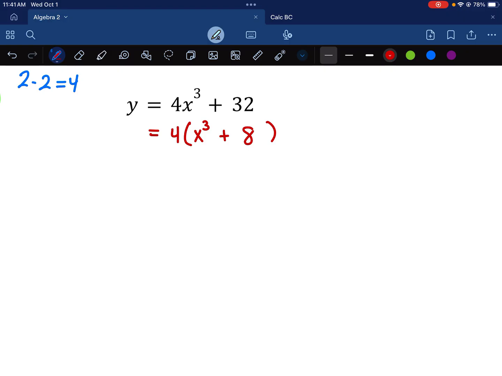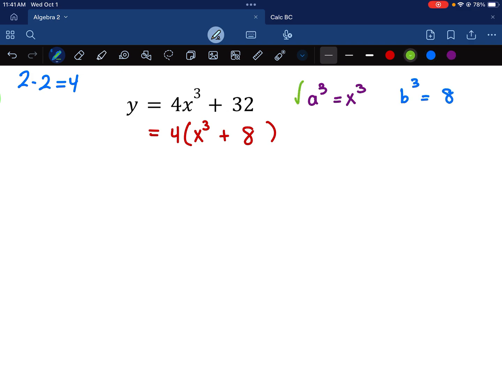And again, we ask ourselves, do we have two perfect cubes here? We know x to the third is a perfect cube, and we actually know 8 is a perfect cube because 2 times 2 times 2 makes an 8. So let's set up our a cubed and b cubed and be on our way. So a cubed equals x cubed, and b cubed equals 8.